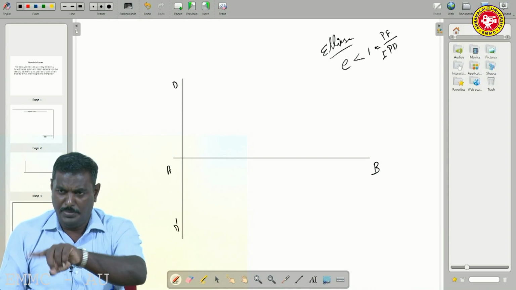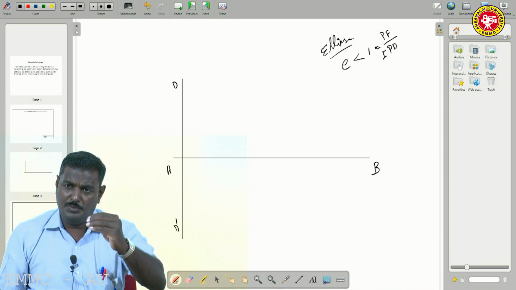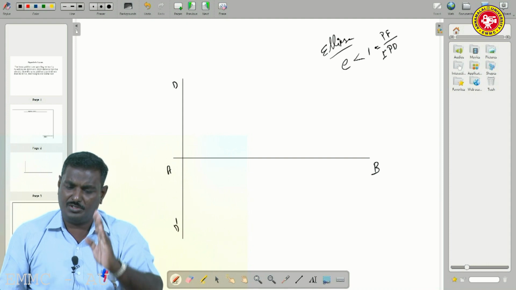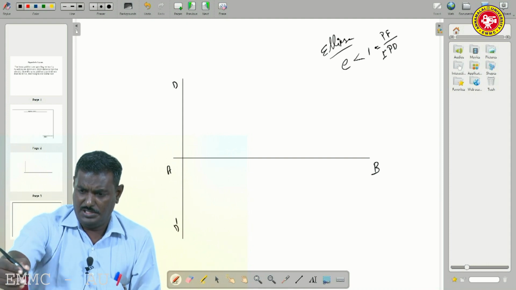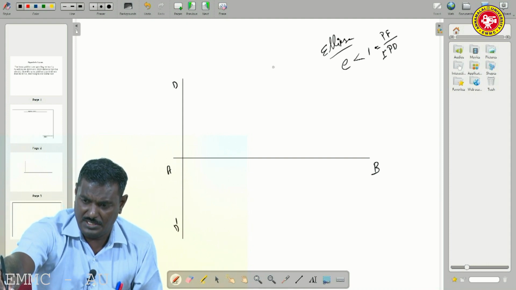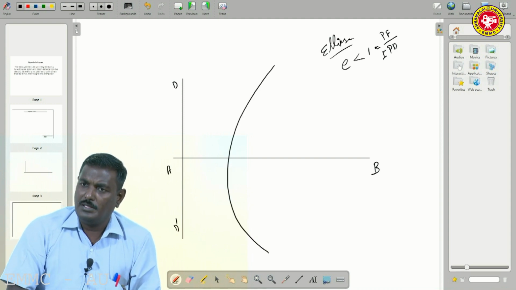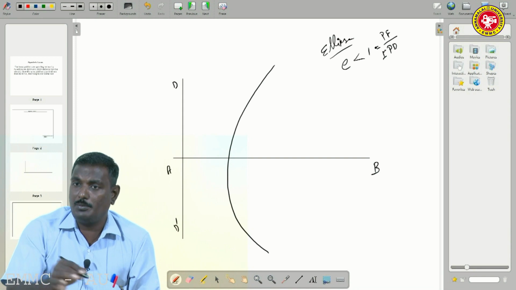PD is the distance between the locus point and the directrix. So I just drew some curve, and we consider this as a hyperbola.